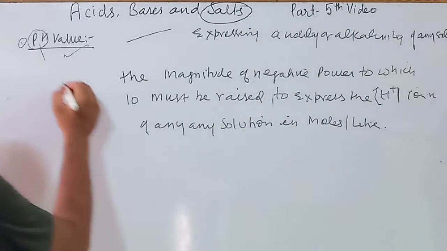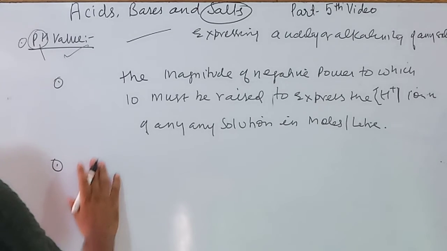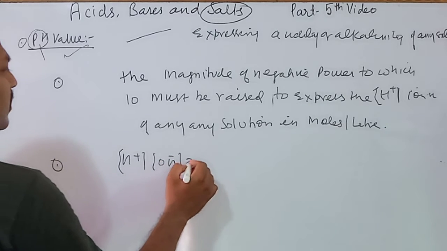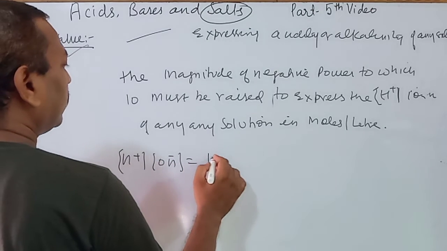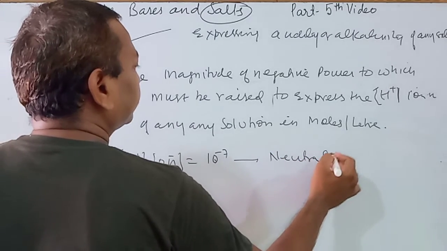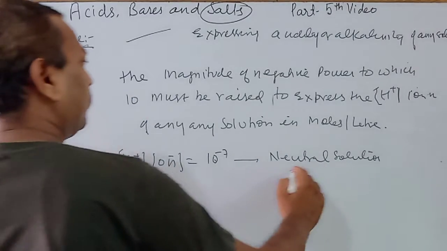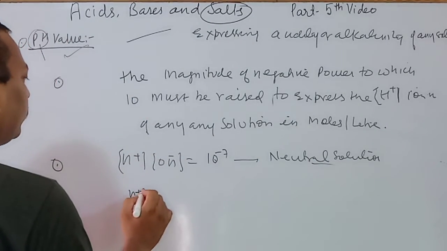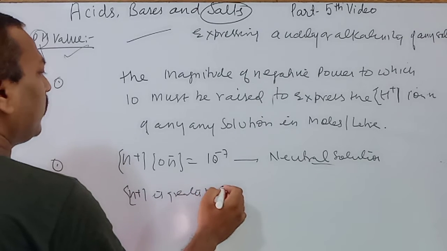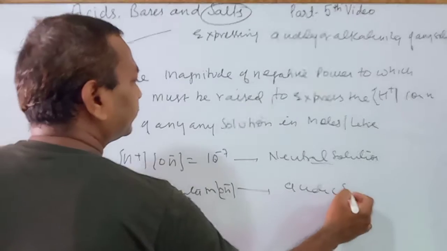Okay, now see the next case. If the hydrogen ion and OH ion concentrations are the same, then this solution will be a neutral solution. Now if the hydrogen ion concentration is greater than the OH ion concentration, in this case the solution will be an acidic solution.